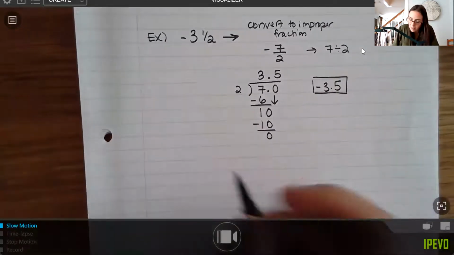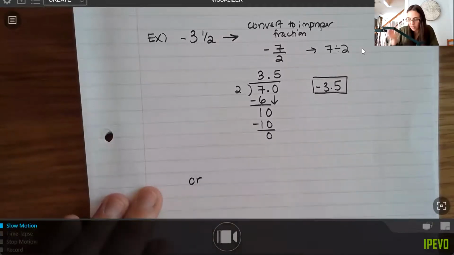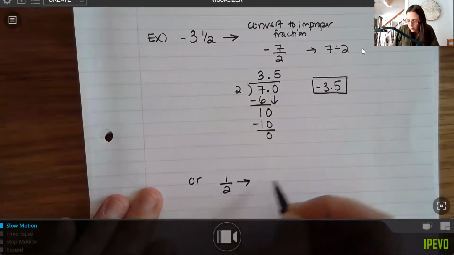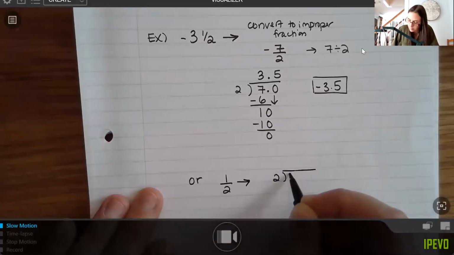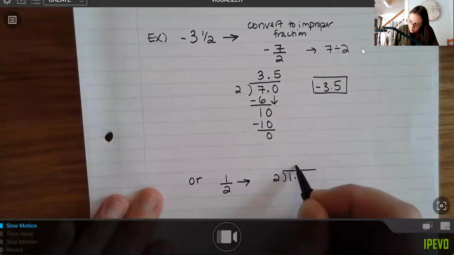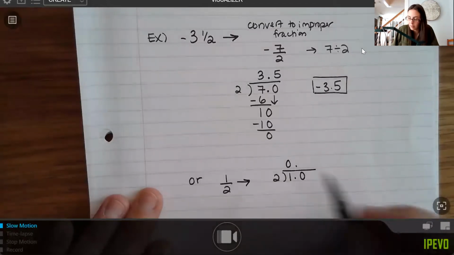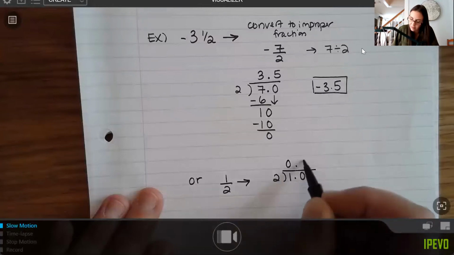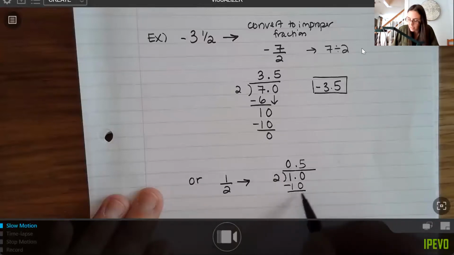Okay. If you don't want to convert to an improper fraction, that's okay too. What you could also do instead is to just do the 1/2. So I'm going to put a 0 here because 2 does not go into 1. I'm going to attach a 0. 2 goes into 10 5 times, which is even, so it's all done.